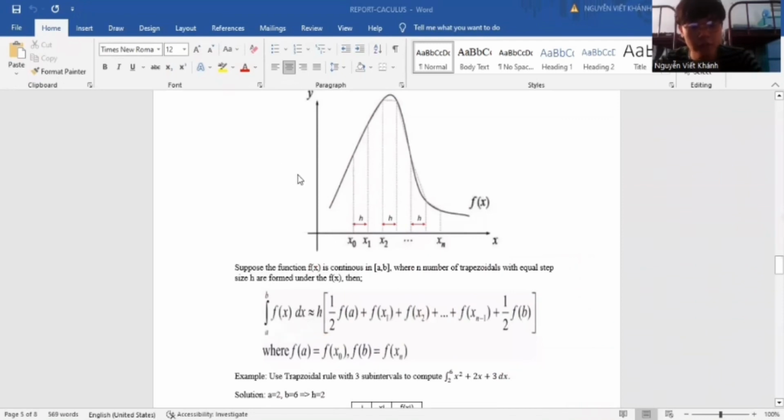As you can see on the paragraph here, suppose that the function f(x) is continuous, where n trapezoids with equal step size h are formed under f(x), then we have the formula here.